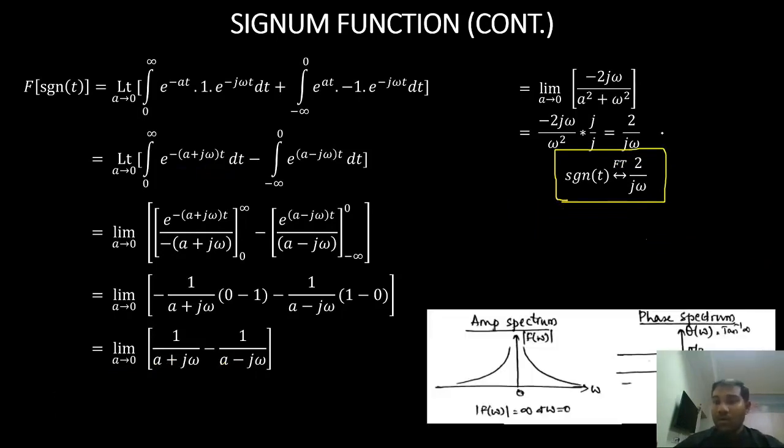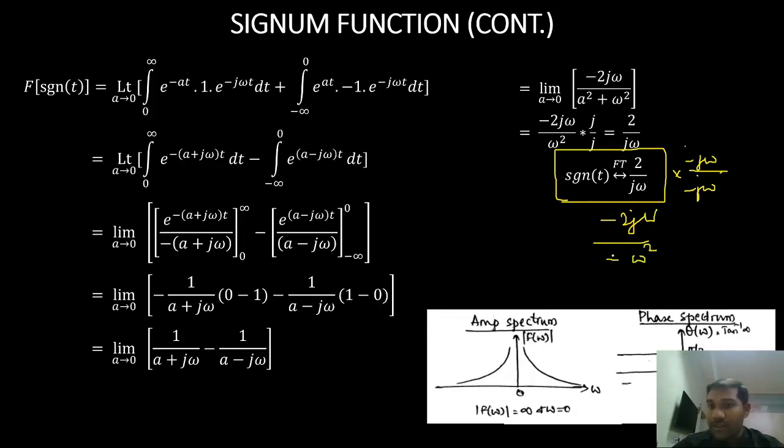So how do I represent this in graphical form? So 2 by j omega. Now I have to find the amplitude and phase. So let me separate the real and imaginary parts. Let me multiply it with minus j omega divided by minus j omega. What will I get? Minus 2 j omega divided by negative omega square and j square.